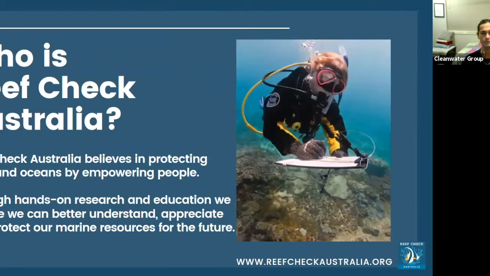So before we get into everything, we just have a few little details. One is, who is Reef Check Australia? For anybody for whom this is your first time coming into one of these talks, Reef Check Australia is a non-profit organisation mainly based in southeast Queensland, here on the Sunshine Coast where I am, and Brisbane. We empower local citizens like myself to volunteer and take part in the citizen science that we do.